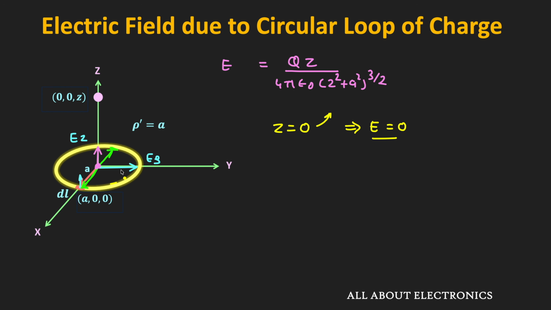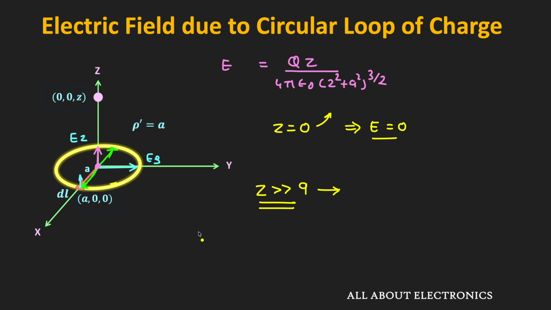Similarly, the other extreme case is whenever this observation point is much farther away from the circular loop. So we can say that z is much greater than a. In this case, a is negligible compared to z.